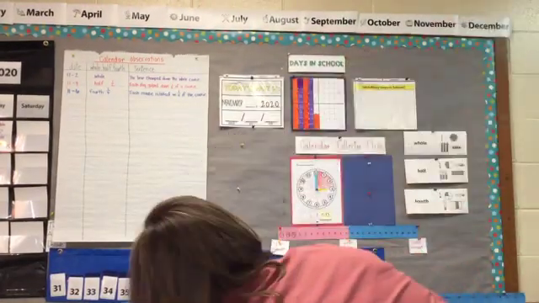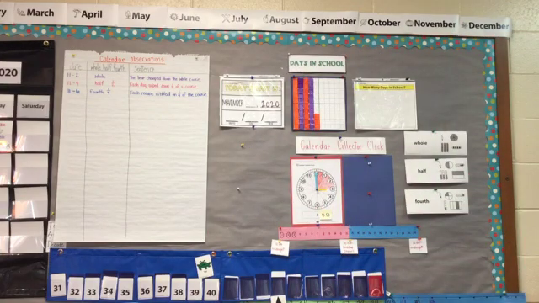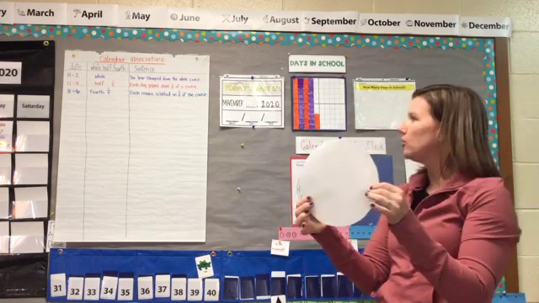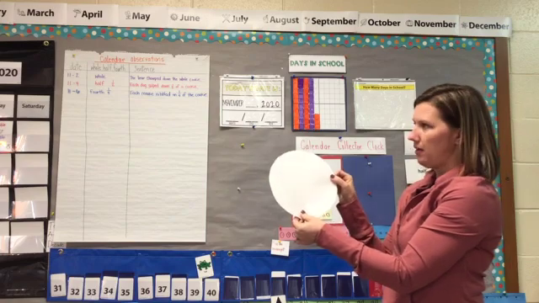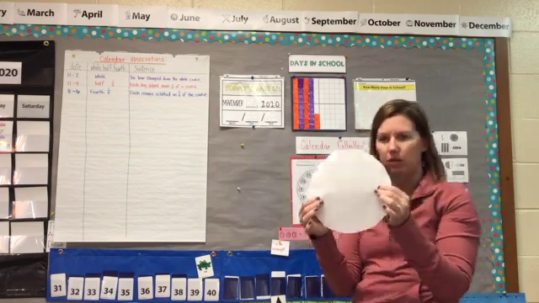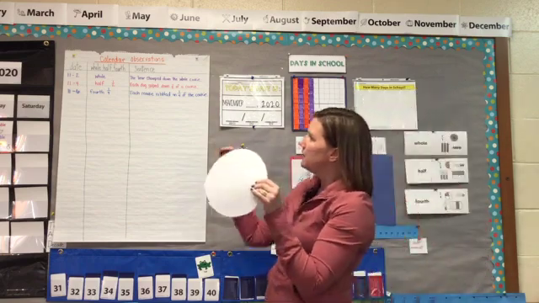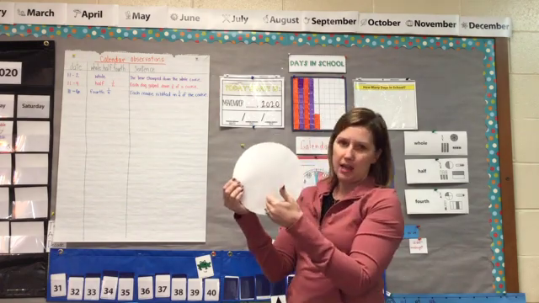Okay, so let's just take a minute. I want you to pretend this is a cookie, a nice big cookie, and it's a whole cookie, and that's what we started with, okay? On the 1st of November, we started with a whole cookie, okay? Then we said that the cookie was divided in half, okay?